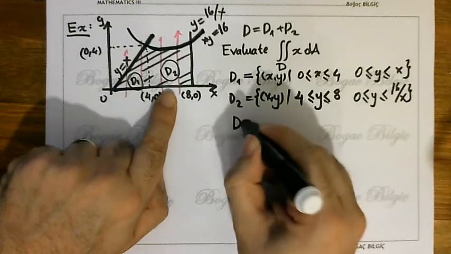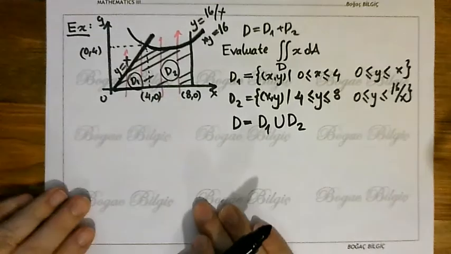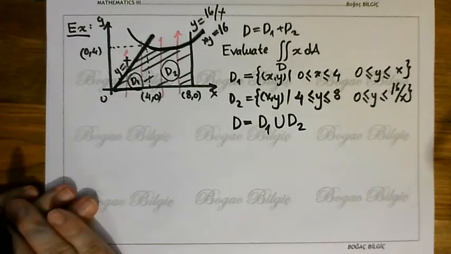D is D1 and D2, and D1 and D2 are y-simple regions.